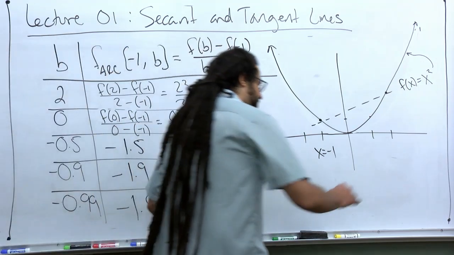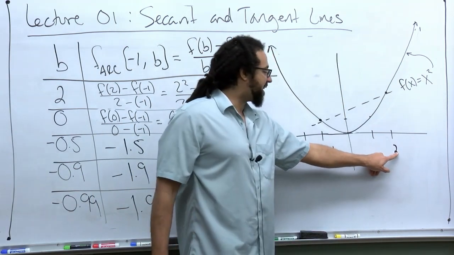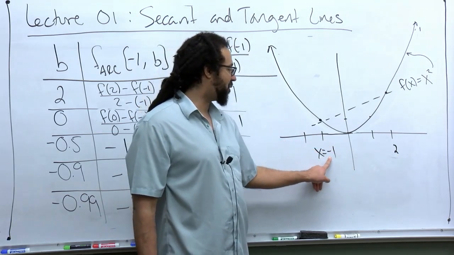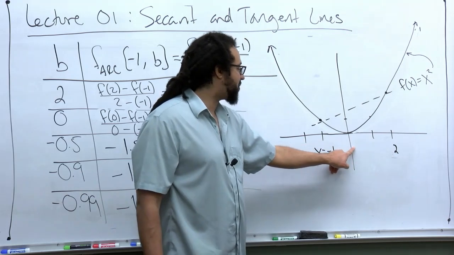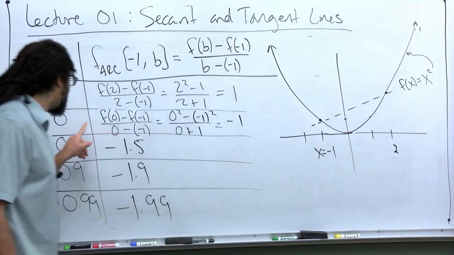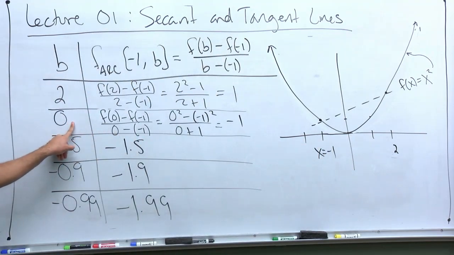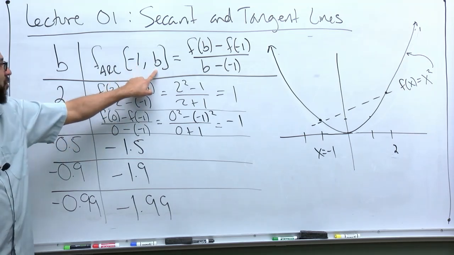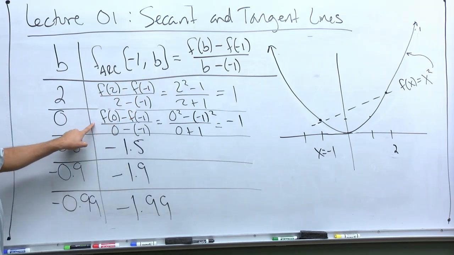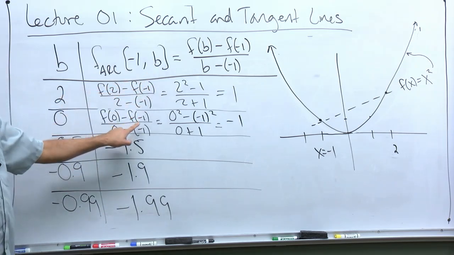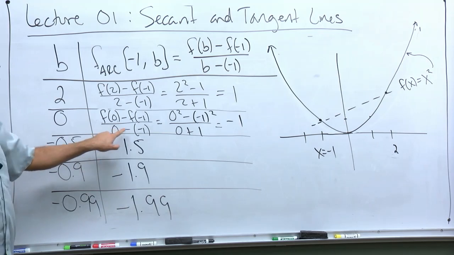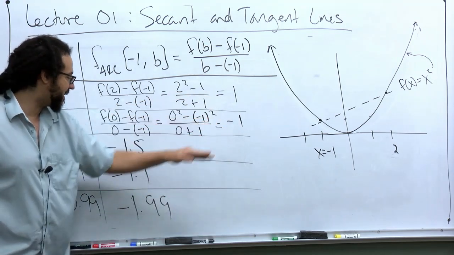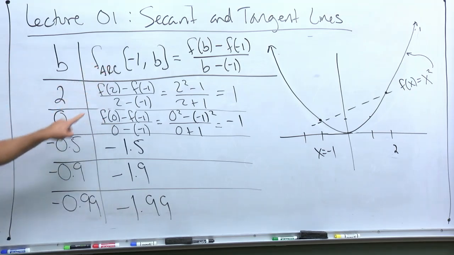And so now we want to take this right endpoint and move it closer to the left endpoint. So let's move 2 to 0. We'll take our new right-hand endpoint to be 0, and so now we want the average rate of change from -1 to 0, and everywhere I see a b, I'll just write 0. You work all that out and you get -1, just the same way we did here. And you do the same thing for all the rest of these.